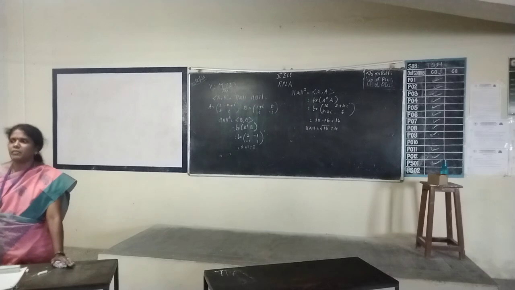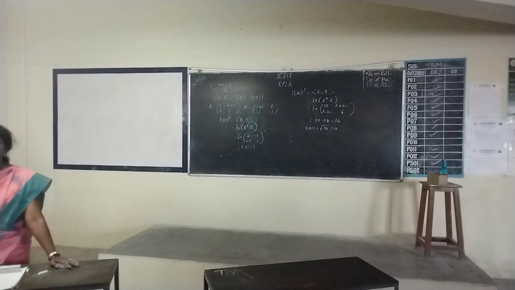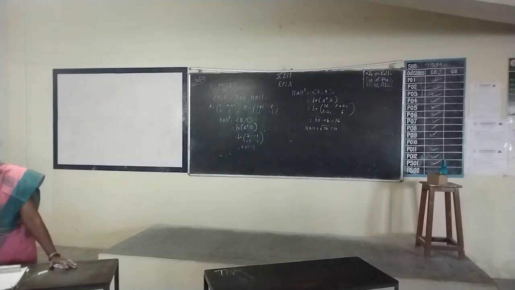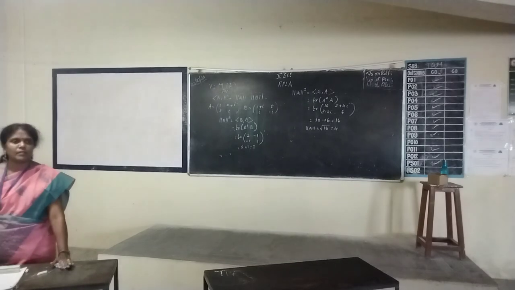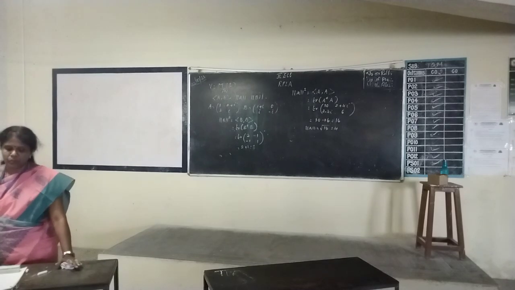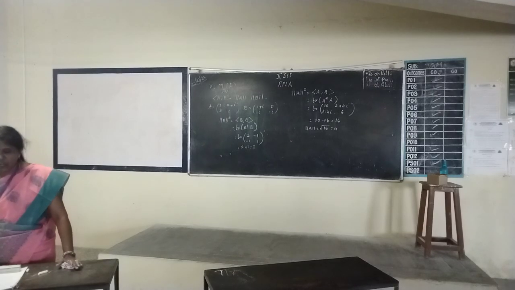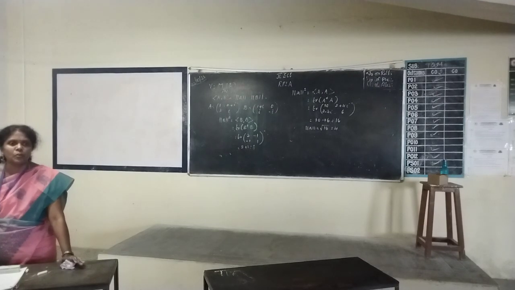What is the matrix given here? 2 by 3, what is the meaning? 2 rows and 3 columns. M 2 by 3 of R is given. What is R? Real. So all the elements in the matrix will be real numbers. Note down your matrix A. First row 9 8 7, second row 6 5 4.